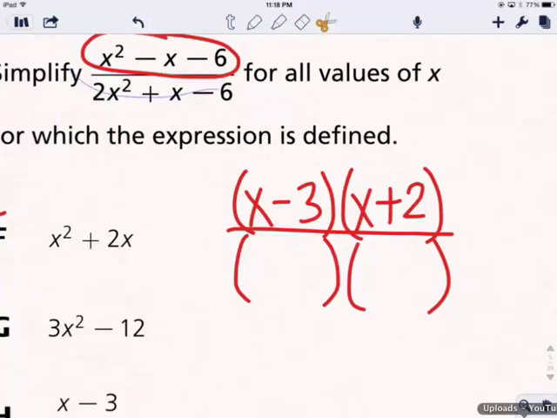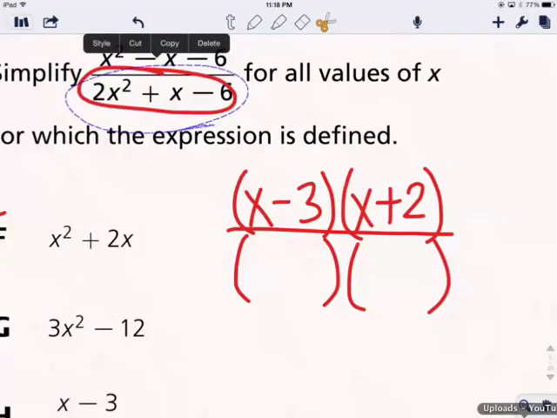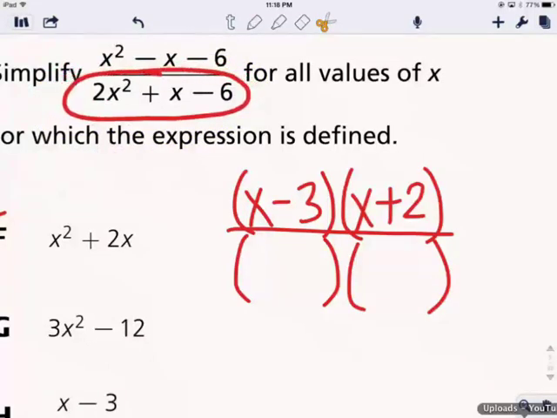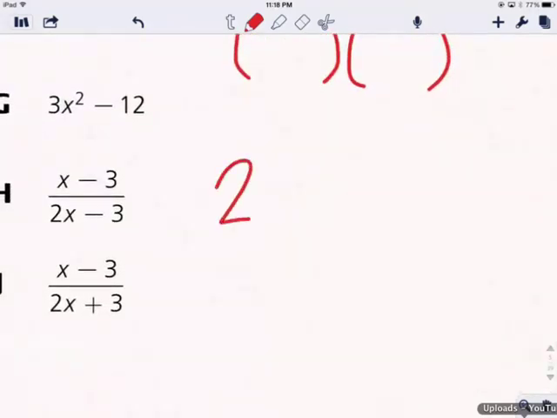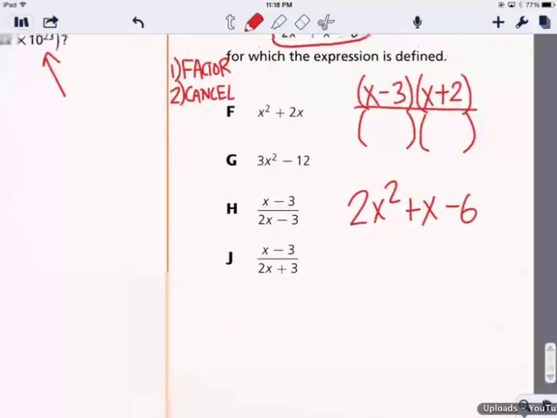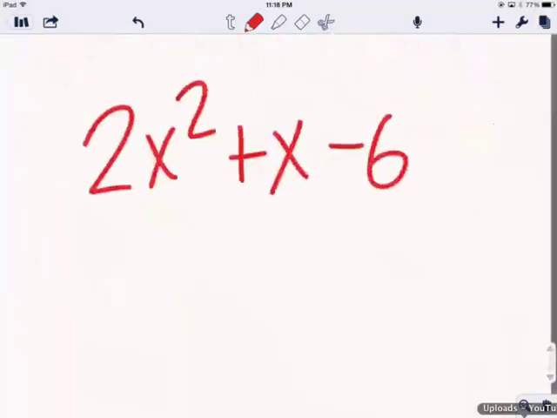Now let's look at the bottom. What do you notice is different about the bottom? Well, we cannot use the shortcut now because of this dang 2. We're going to have to factor it the long way. So 2x squared plus x minus 6. Let's factor this the long way.